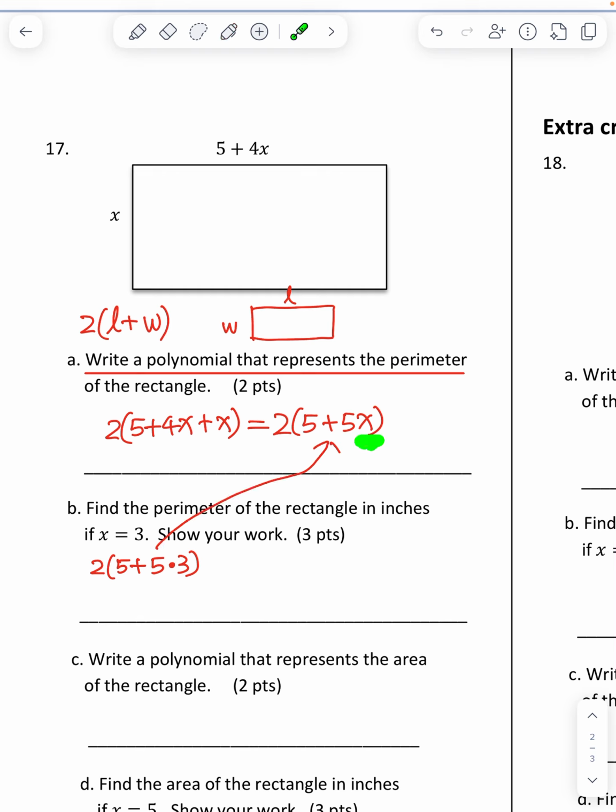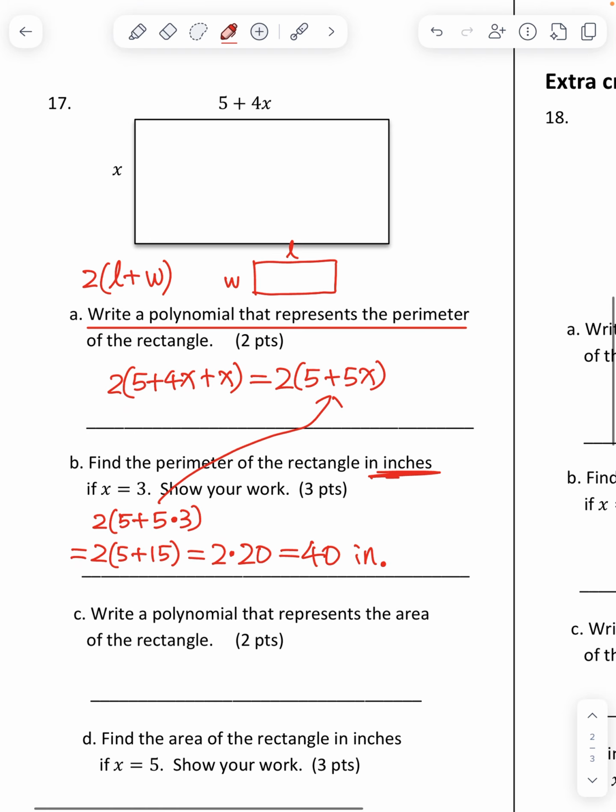So this equals 2 times (5 plus 5 times 3, that's 15), right? So 5 plus 15, that's 20, and then multiply by 2, that's 40, right? So 2 times 20, that's 40. Don't forget the unit, inches. So the perimeter is 40 inches, right?